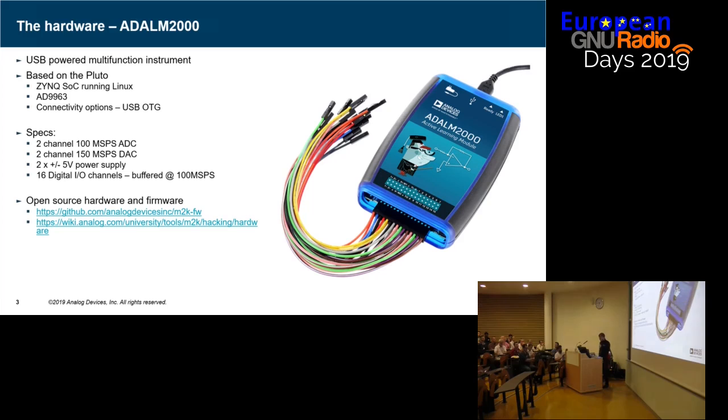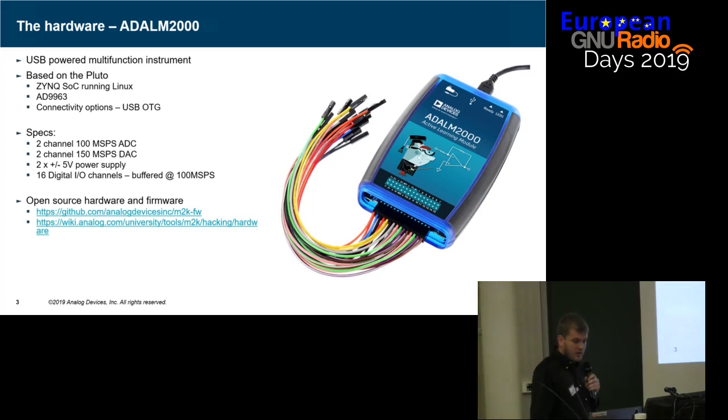It makes use of the USB OTG: the USB cable to connect to the PC, or you can use the OTG capabilities along with the Linux drivers that are part of the system to connect a memory stick, a Wi-Fi dongle, an Ethernet dongle. So you have multiple connectivity options with the M2K.